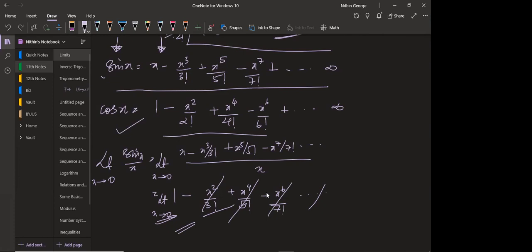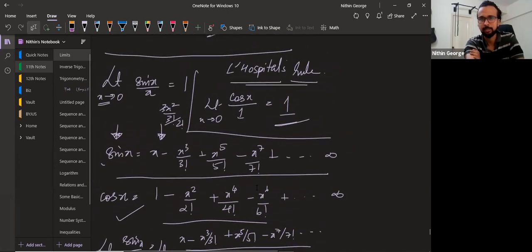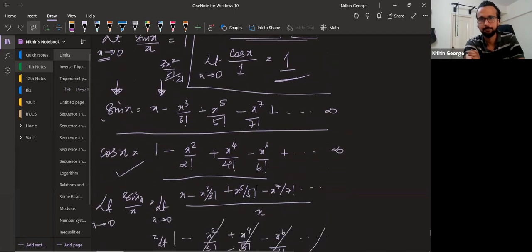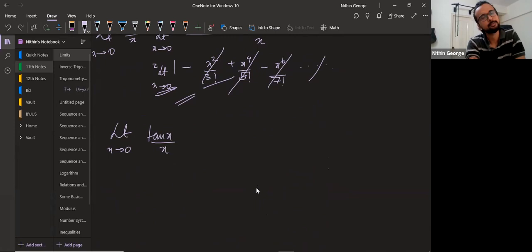Very easy, right? So remember this, sin x by x is 1 here. Now, what about limit x tends to 0 tan x by x? One.